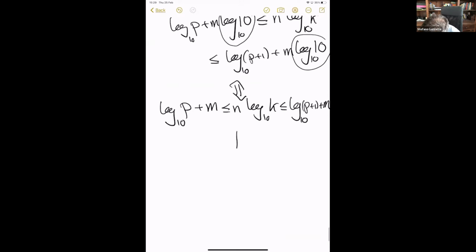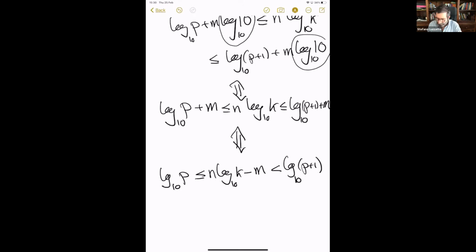And you can see we've got M on both sides, right? So we can subtract M from everything. This gives log base 10 of P less than or equal to N log base 10 of K minus M, less than log base 10 of P plus 1.